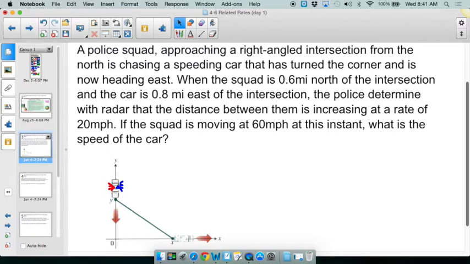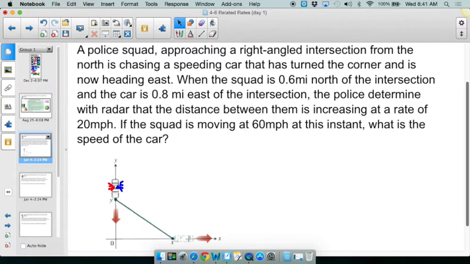That car has turned the corner and is heading east. We know the squad is going 60 miles per hour, and we know the distance between the squad and the car is increasing at a rate of 20 miles per hour.